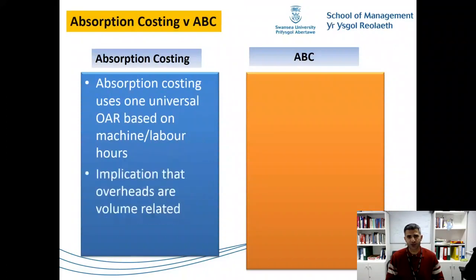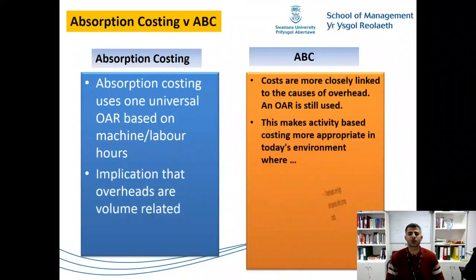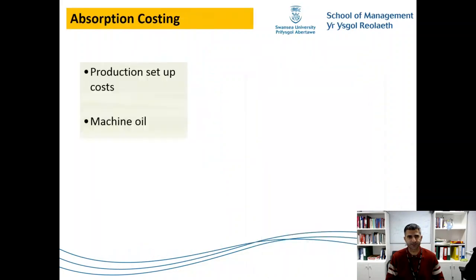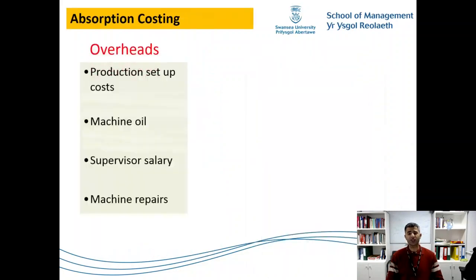Right. So this is the difference which I did explain just now. When it comes to traditional absorption costing, remember these are the overheads. If you look at the slides here, you see production setup cost, machine oil, supervisor salary, and machine repairs.